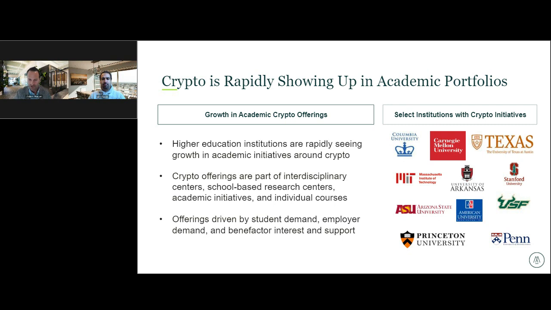It is a very interesting programmatic way to build your student base, your endowment base, and your alumni base and potentially donor base. So some really interesting ways to think about cryptocurrency and transforming the institution.